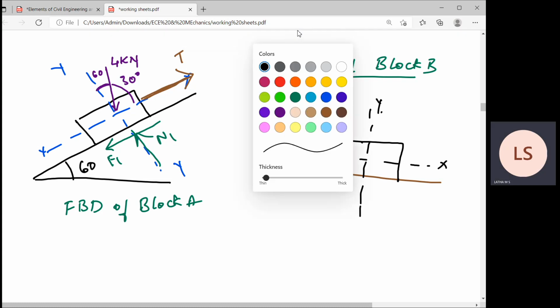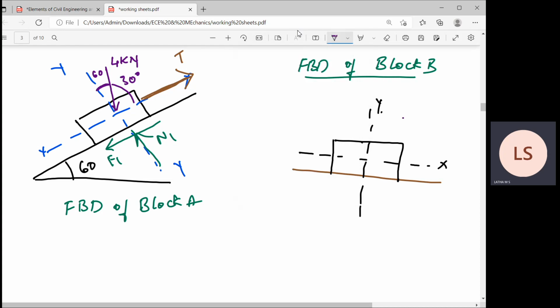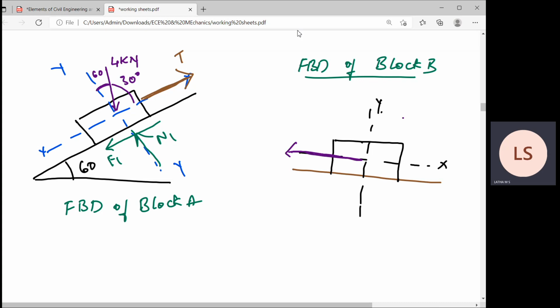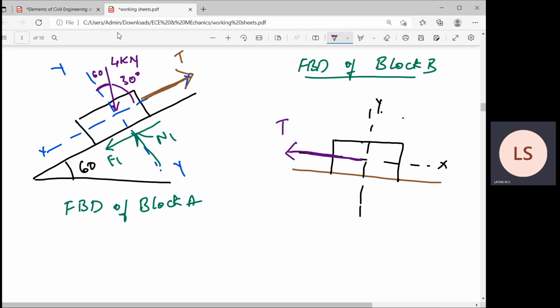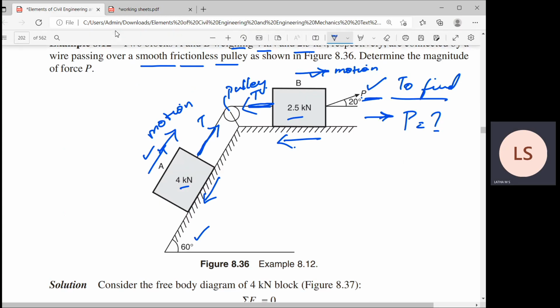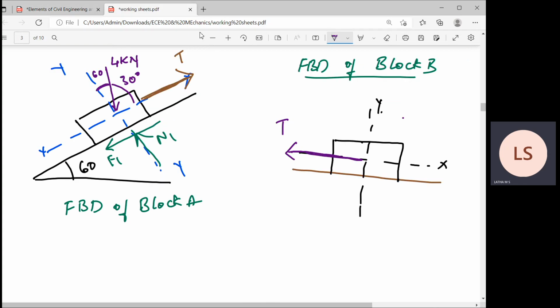And now I'm supposed to refer the tension T, which is equal and opposite T. And what about the friction? What is the movement of block B? Block B is pulled in this direction, so your friction will be in the opposite direction, as F2 and N2.